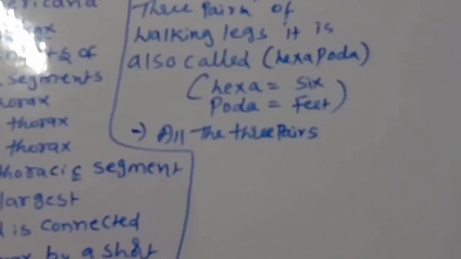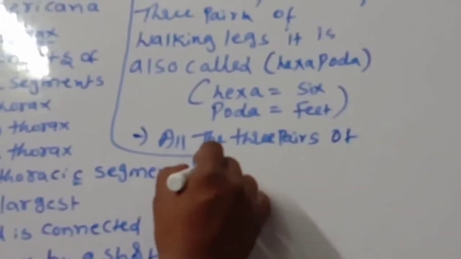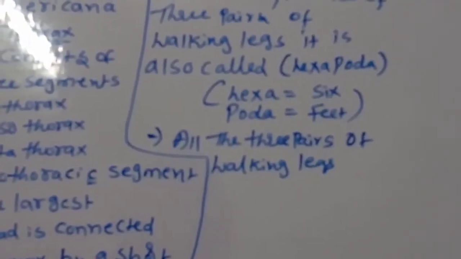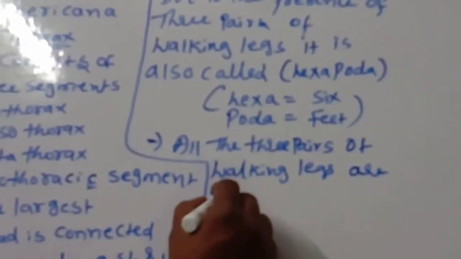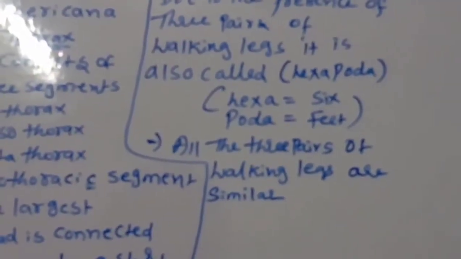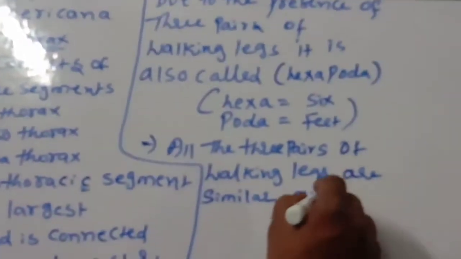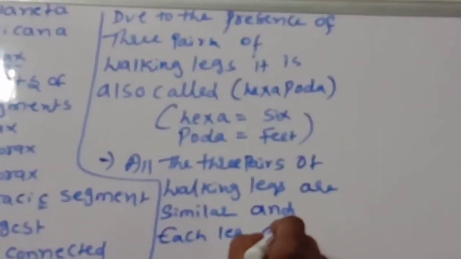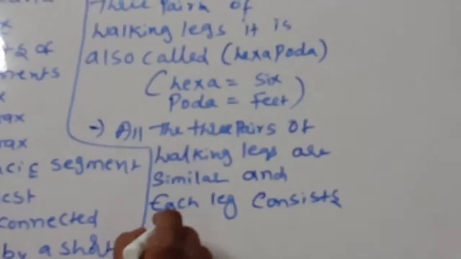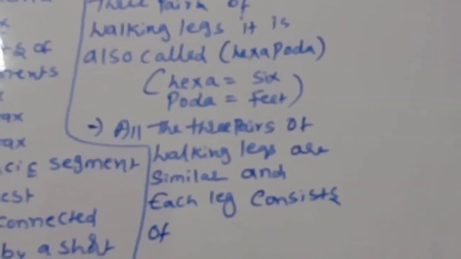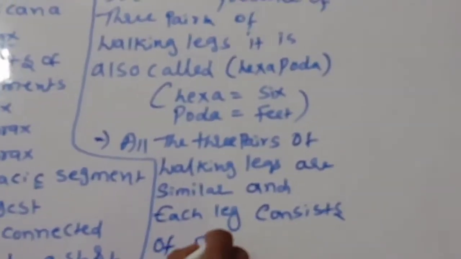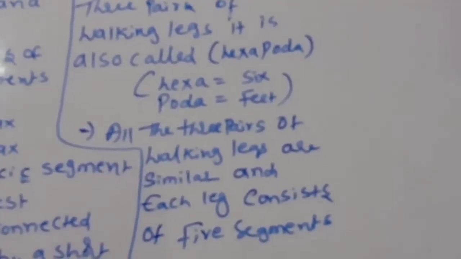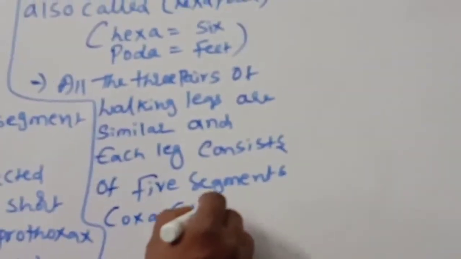All the three pairs of walking legs are similar, and each leg consists of five segments. Number one, coxa, large.